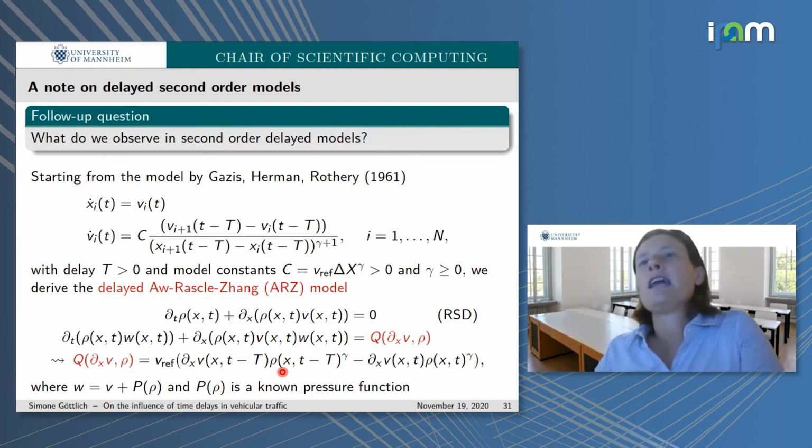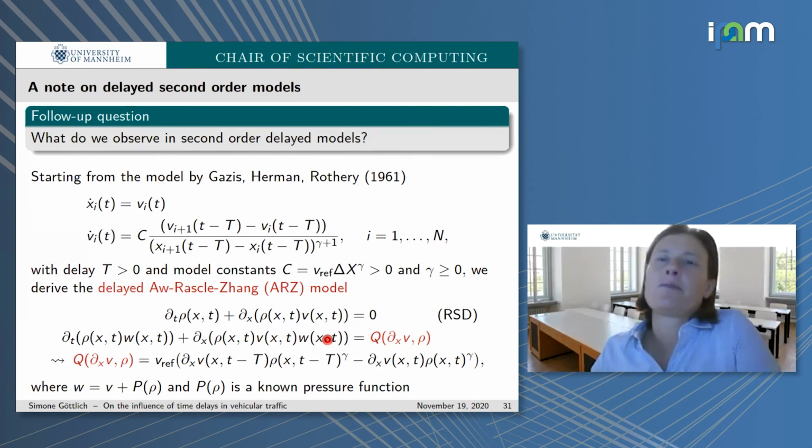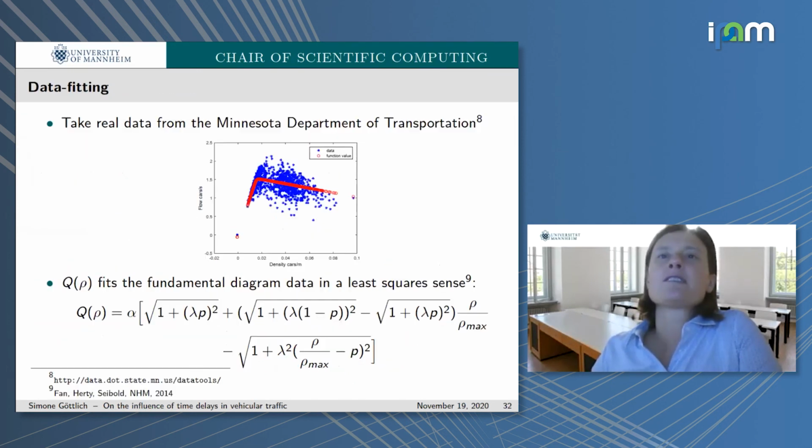So now the delay is given on the right-hand side. And if you do other derivations of these Aw-Rascle-Zhang delay type equations, you will always get that the delay enters the right-hand side in the second equation.